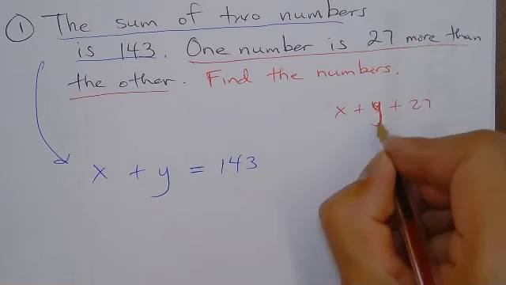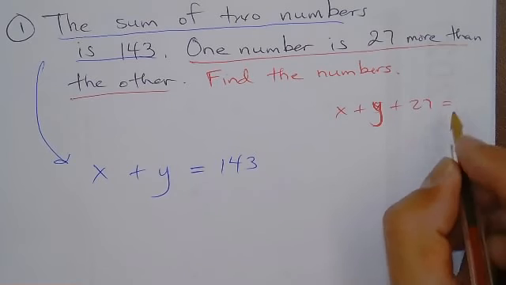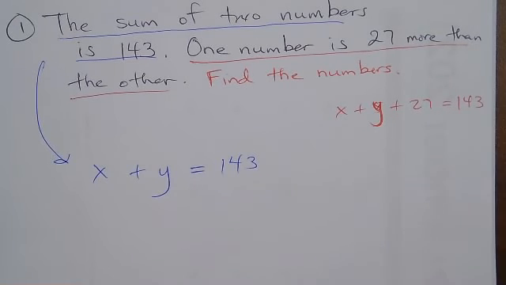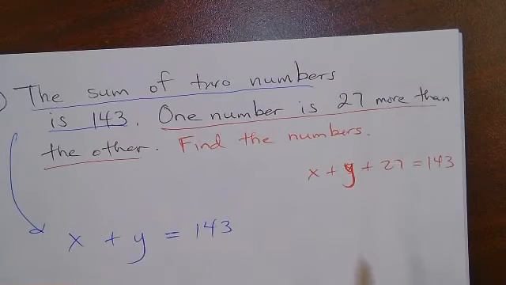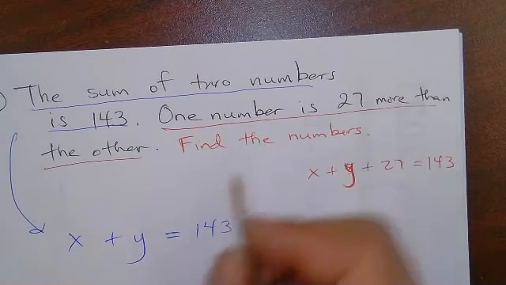You put x plus y plus 27 is equal to 143. It could be right, but no. I want you to do it like this.